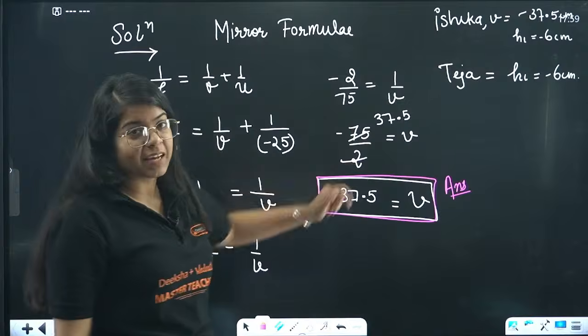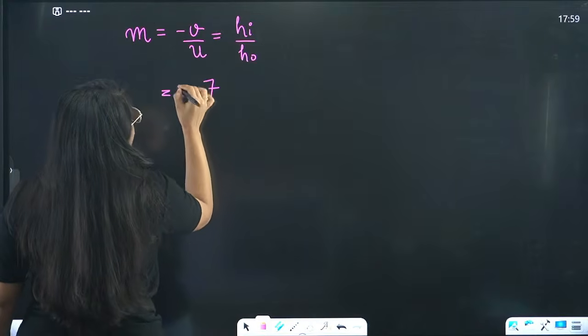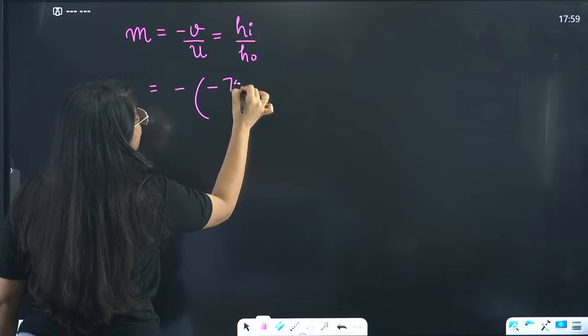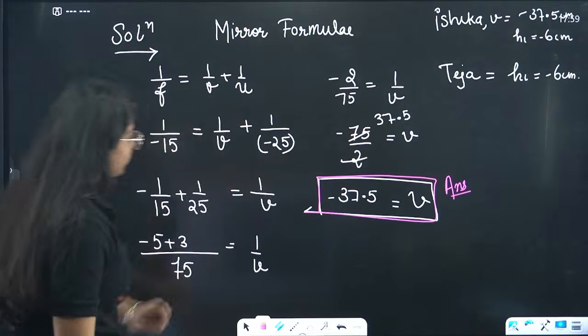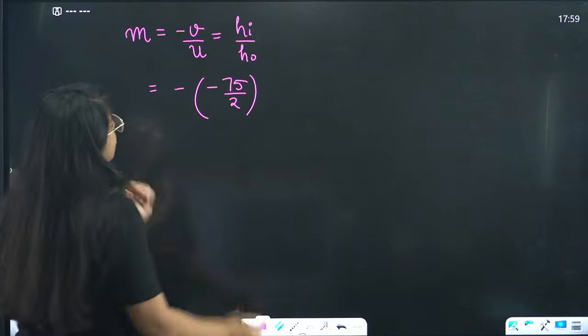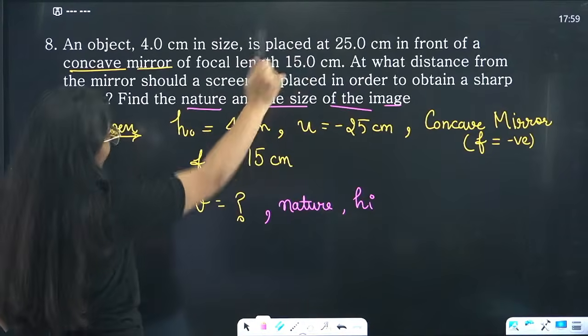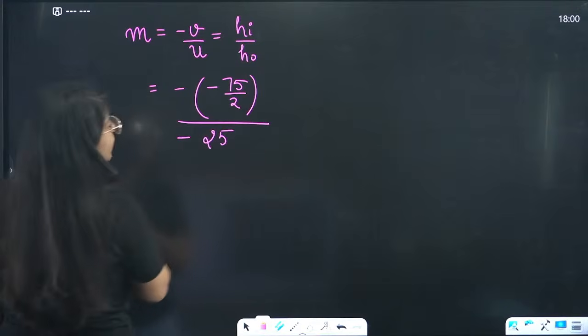I will use 75 by 2, right? So that is minus of, see, there was already a minus here and a minus with V value, -75 by 2. So minus of -75 by 2 divided by U. U was 25 centimeter, always negative.